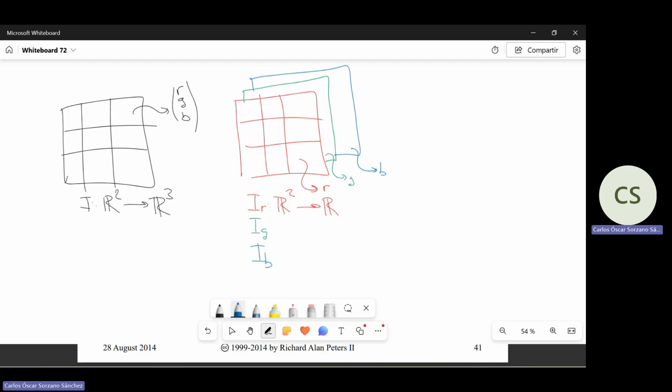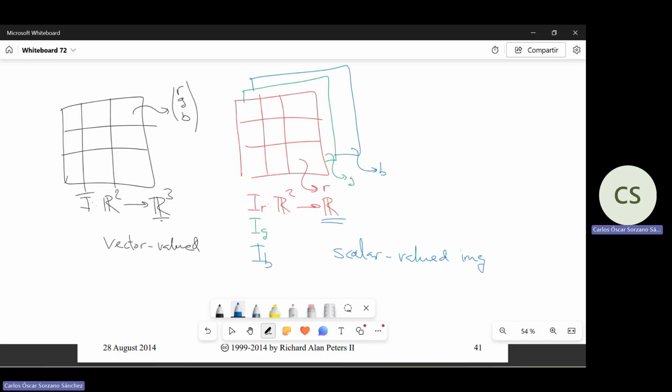So either I have a vector valued image, or I have 3 images that are scalar valued. This one is vector valued, the value is a vector, or I have a scalar image. The result is a scalar.